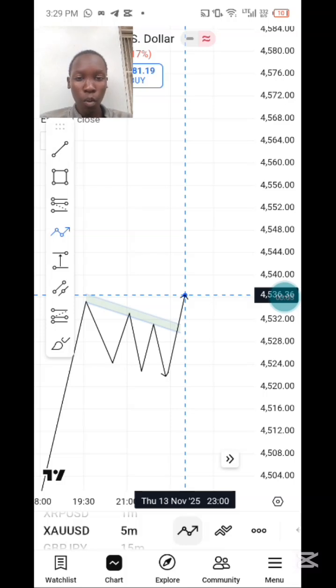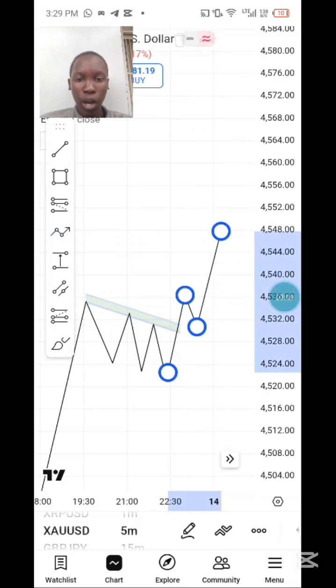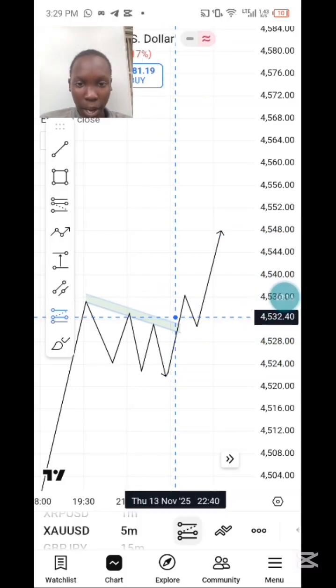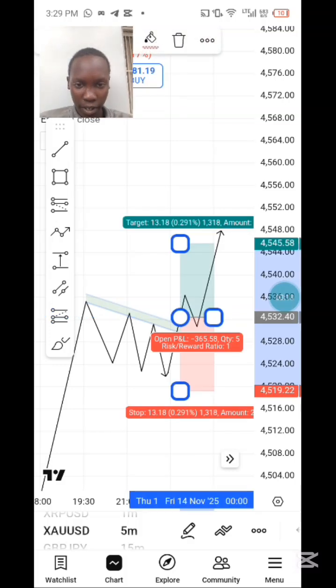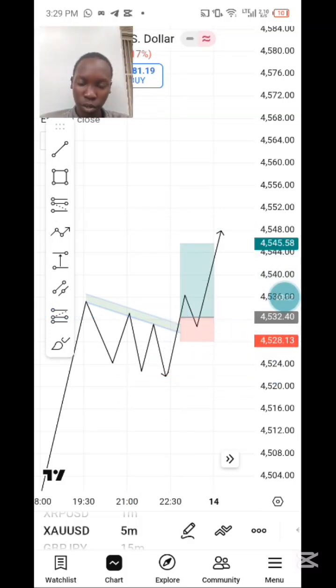Most people will wait for the retest, but I encourage you, do not wait for the retest. As I back tested it, just enter immediately on the breakout, and it should close. Then you aim for 1 to 3 risk to reward.